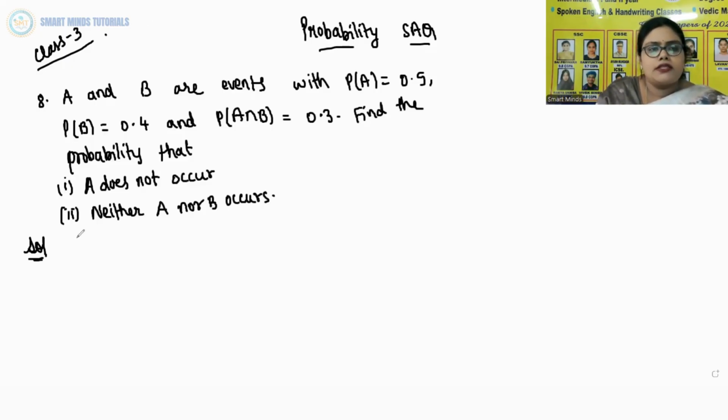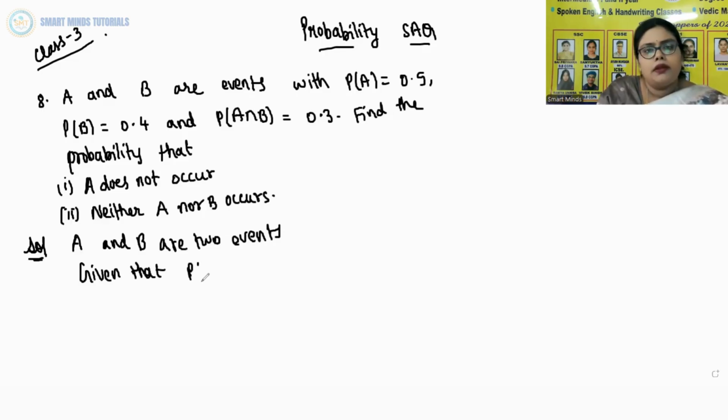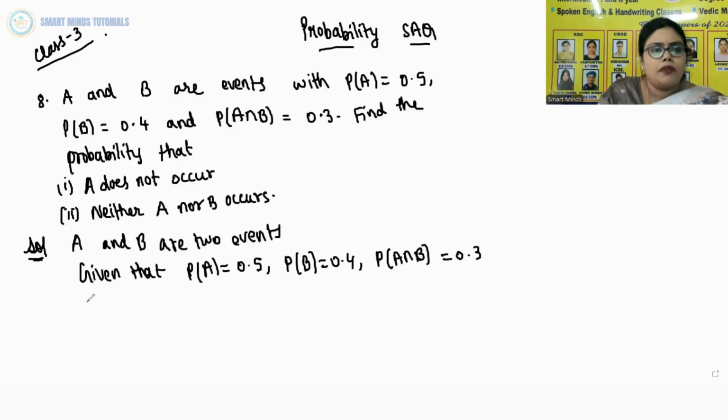So first let us write A and B are two events. And also what is given to us? Given that P of A is equal to 0.5, P of B is equal to 0.4, P of A intersection B is equal to 0.3.